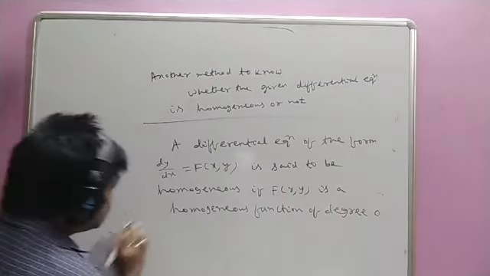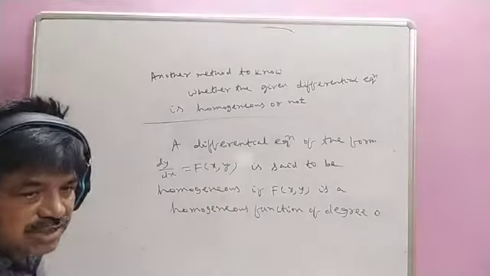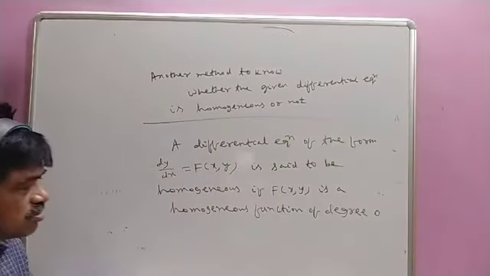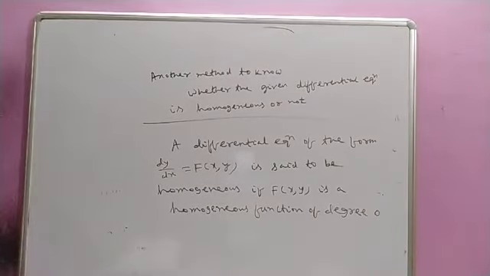That means if this right hand side f(x,y) is a homogeneous function of degree 0, then that will also be a homogeneous differential equation. Are you clear? Not clear?